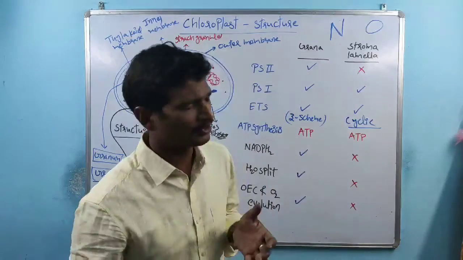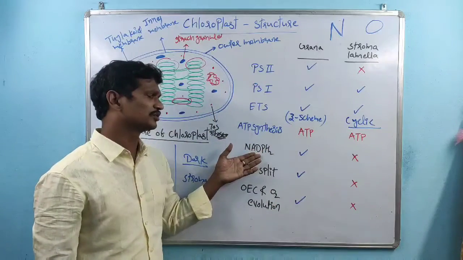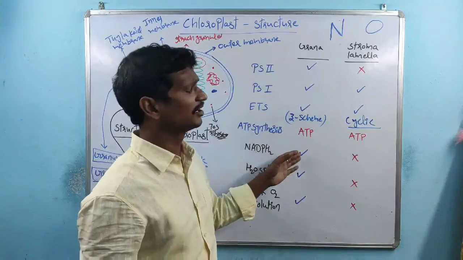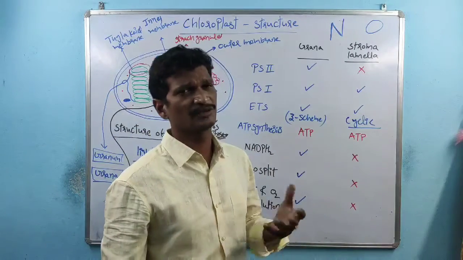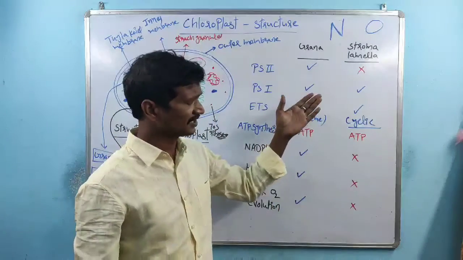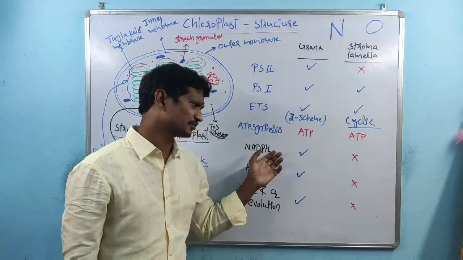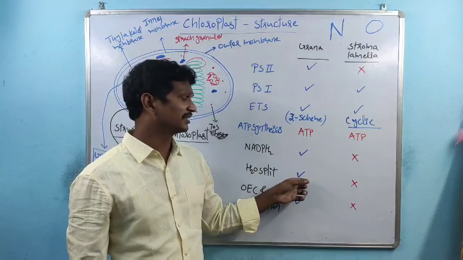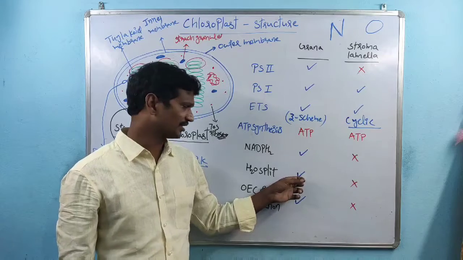That is nothing but anabolism. See, the NADPH2 production is done by the grana only. The stroma lamella is unable to produce NADPH2, right?